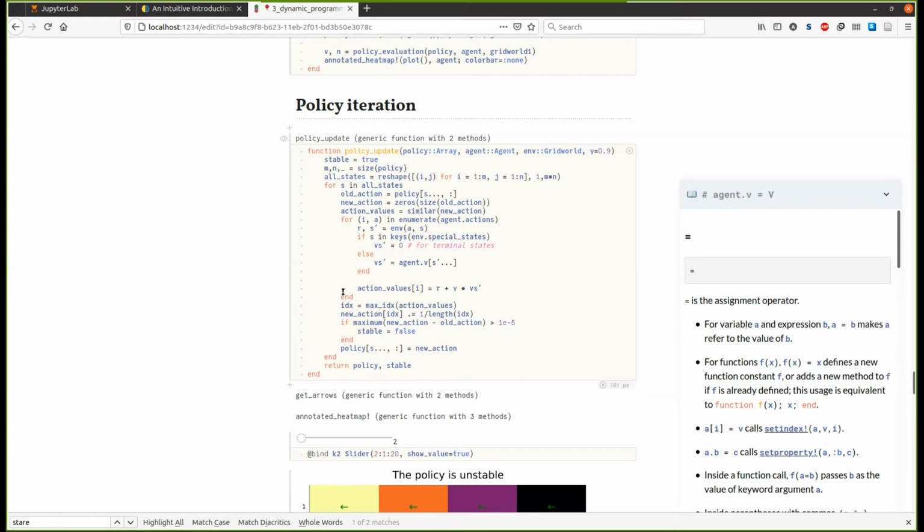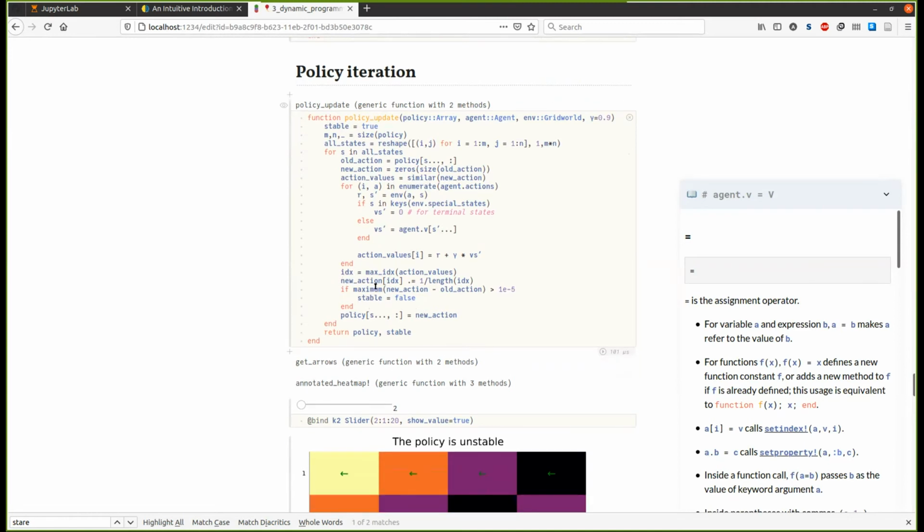So that's a greedy approach, right? I do it probabilistically, so the probability is assigned equally to those actions which maximize the action values, for each action.